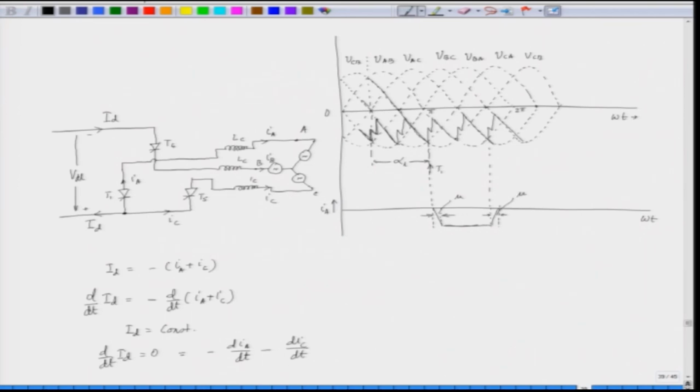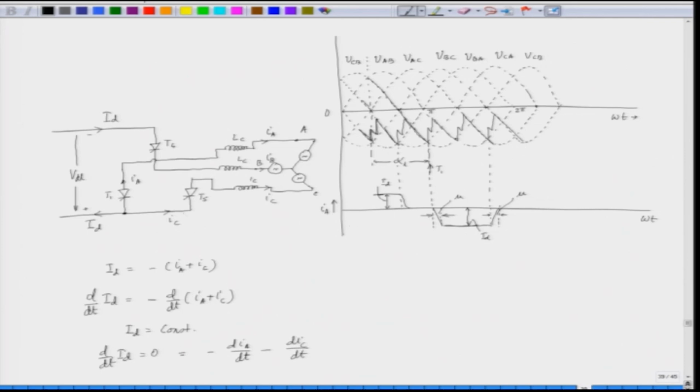So, the nature of the current IA will be quasi rectangular or quasi square wave, but this is VCA. So, here the current will have a decreasing value. This value is ID and this is also ID.